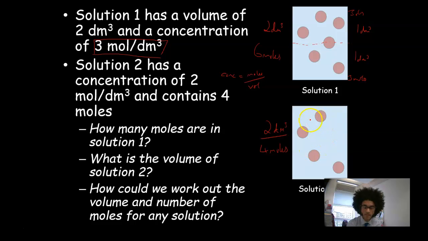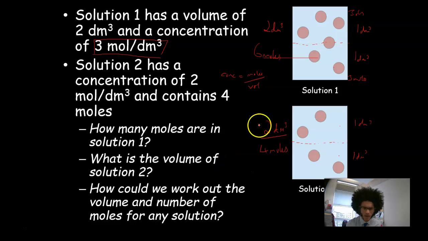Now over here, there are 4 moles inside it. And if I break it up into 2, so each one is 1 decimeter cubed, each half of the box has 2 moles inside it. So it's got 2 moles for every decimeter cubed, whereas the top one had 3 moles for every decimeter cubed.